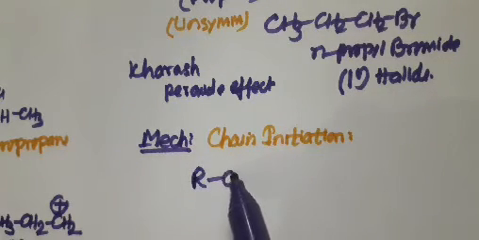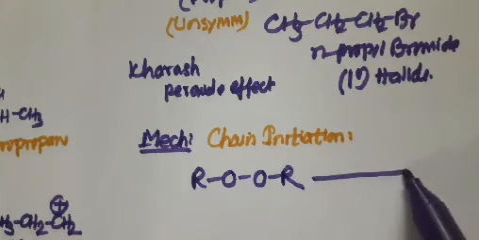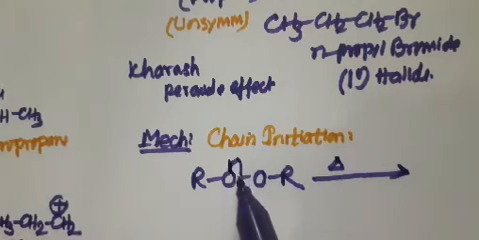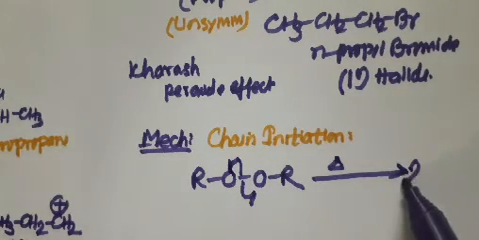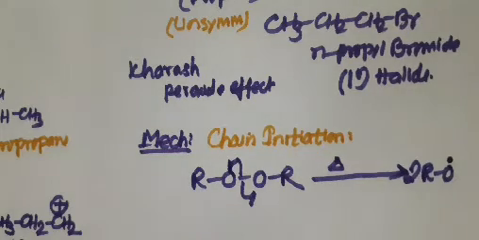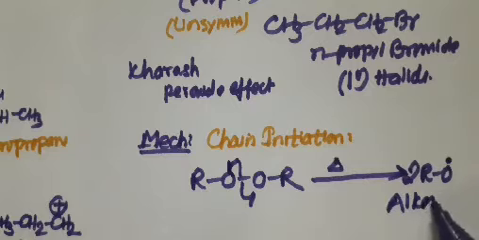So we have to use the peroxide with heat. We are getting 2 RO. R stands for alk and O stands for oxy.